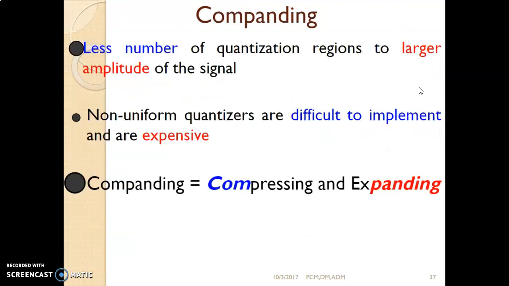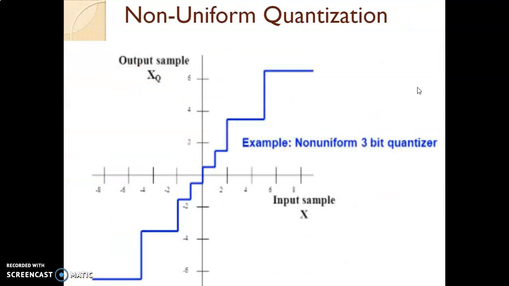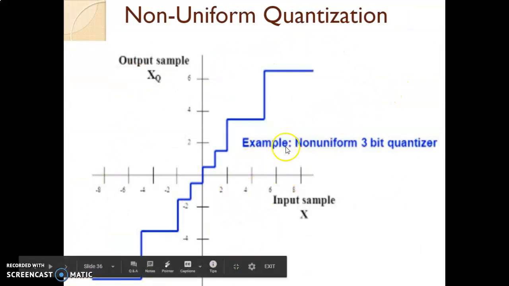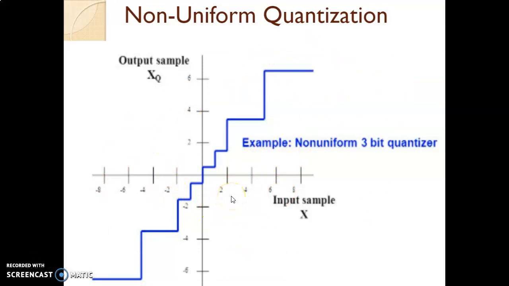So remember why we are doing companding. Companding gives us a response similar to that of a non-uniform quantizer, but we are not using non-uniform quantization directly. Instead, we are using a compressor, then giving the output to a uniform quantizer, and then the output of the uniform quantizer is given to an expander.